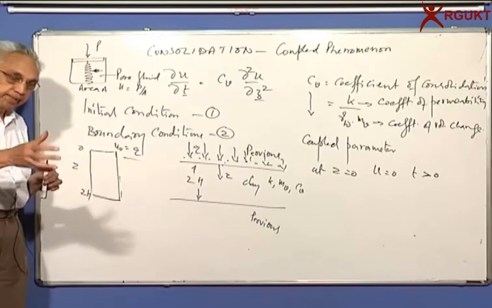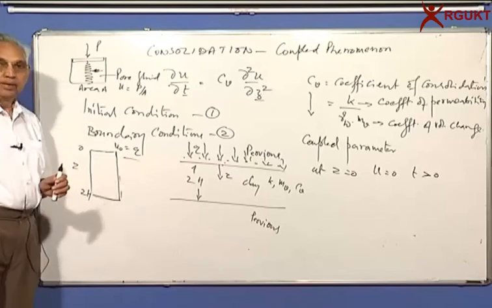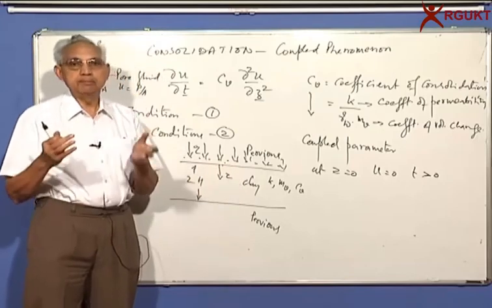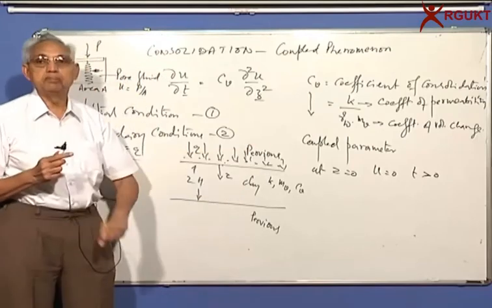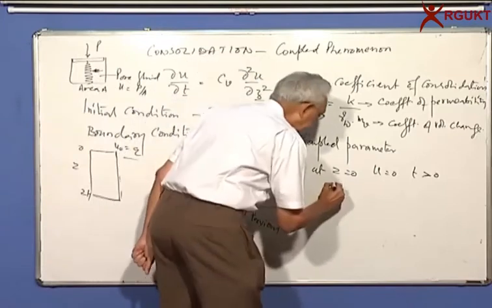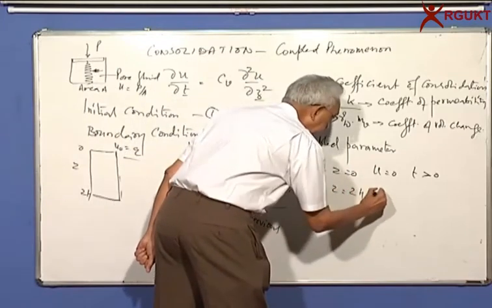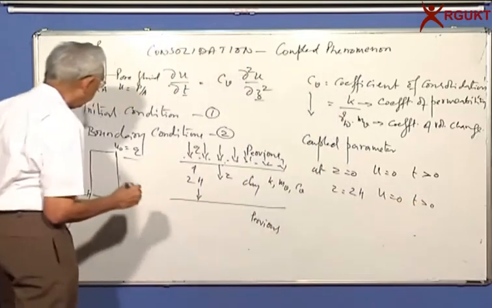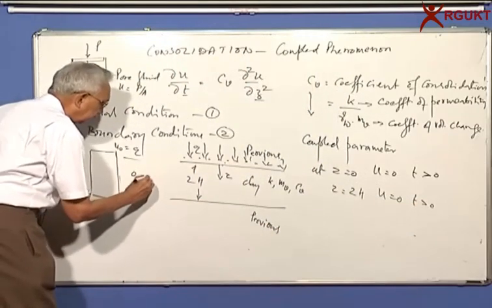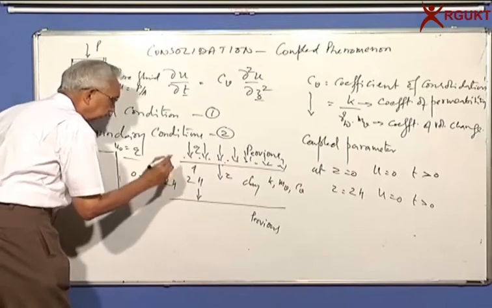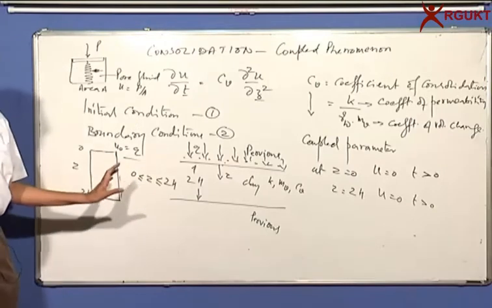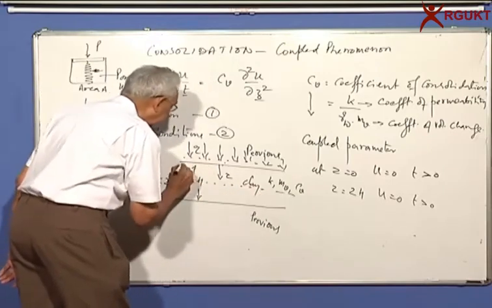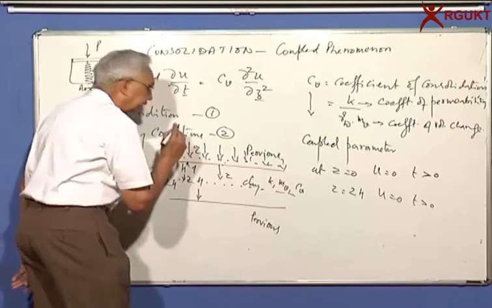But once we want the consolidation to occur, this point is right on the pervious boundary, so the dissipation will be immediate and the pore pressure will become 0. Similarly, at z is equal to 2h, u is equal to 0, t greater than 0, and here we write for 0 less than z less than 2h. Fortunately, the same thing holds good for one-way drainage. The only thing is, in that case, the thickness is equal to h.